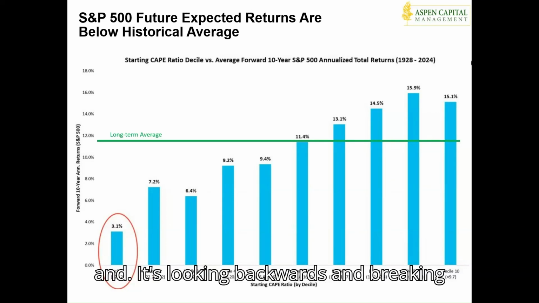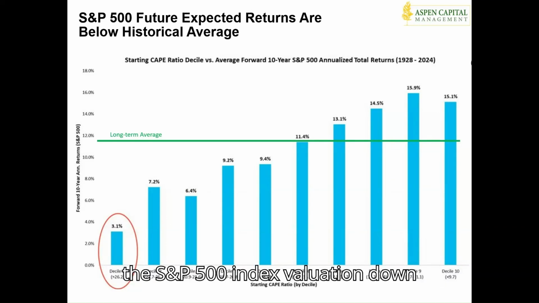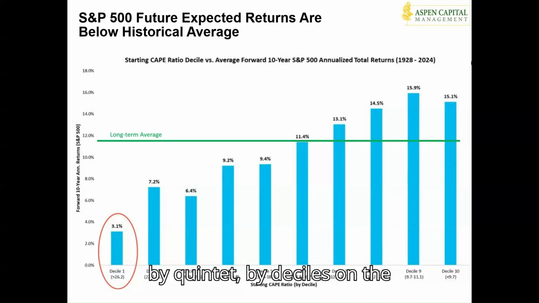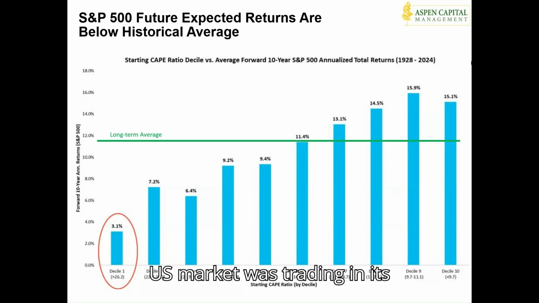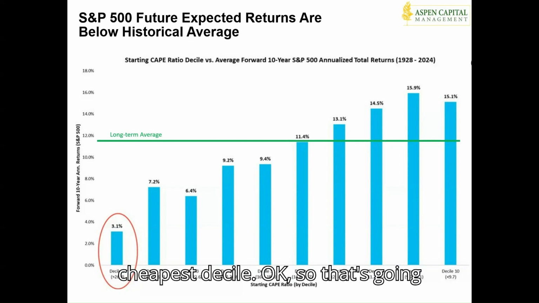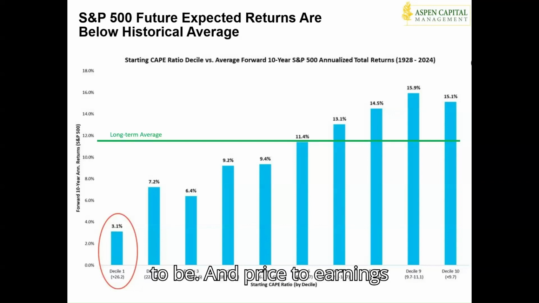And it's looking backwards and breaking the S&P 500 index valuation down by deciles. On the right, you're going to see the cheapest decile historically, when the US market was trading in its cheapest decile. Okay, so that's going to be a price to earnings ratio below 10.